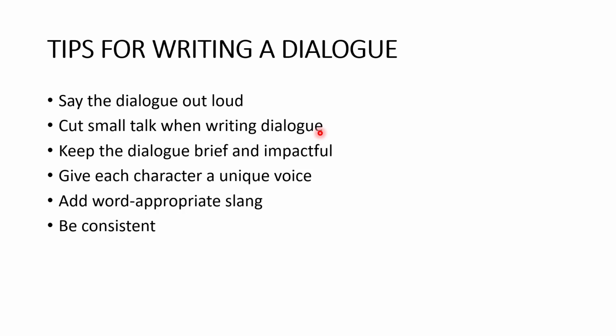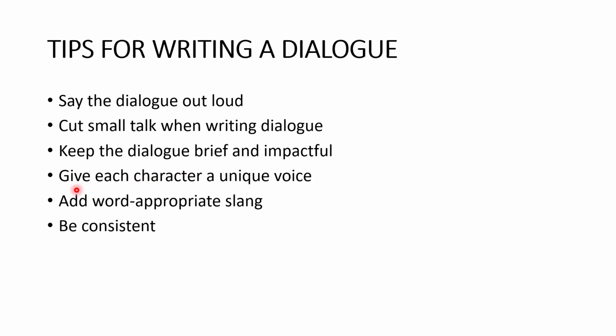We like to talk small because that is what happens in reality. When you are writing a prologue or a story of some kind, you might want to keep the dialogue short and concise. The third point emphasizes the same thing: keep the dialogue brief and impactful. The dialogue must be short, but the information must be relayed fully.